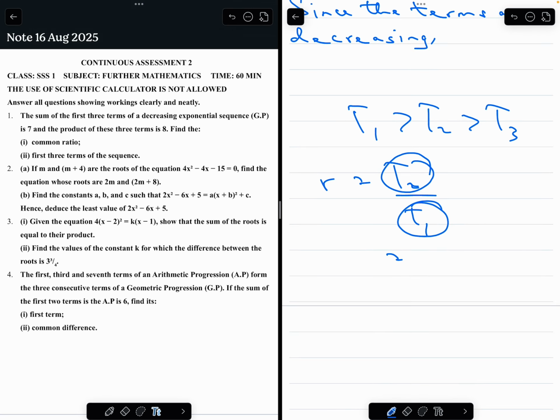And if the numerator is smaller than the denominator, that means the fraction is going to be less than 1. So that means R is less than 1.